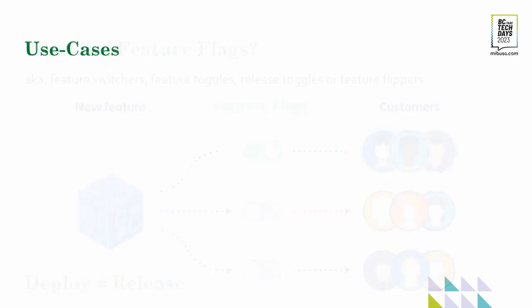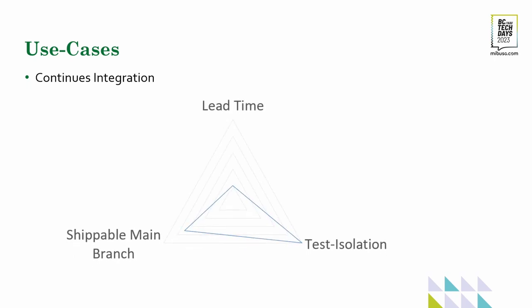We have a few use cases for this approach, and one of my favorites is the continuous integration process. Continuous integration is actually hard to do, and you're always trying to balance some of your key goals.